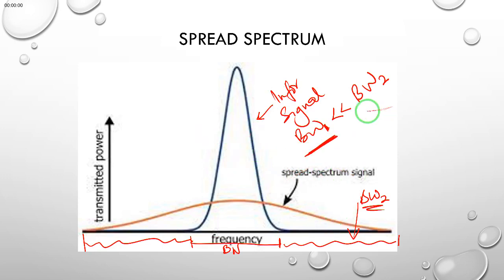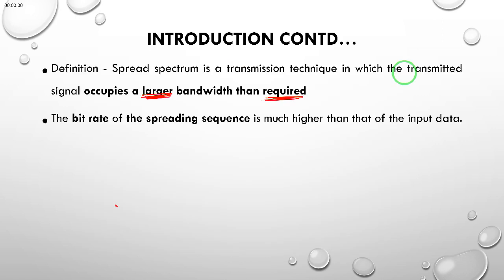But when we extend our bandwidth to occupy BW2, that means we are using more bandwidth than is required. We say further that the bitrate of the spreading sequence is much higher than that of the input data. We talk about the spreading sequence later. So suffice it to say that the bitrate, which is often called the chip rate, of the spreading sequence is way higher than that of the input data.